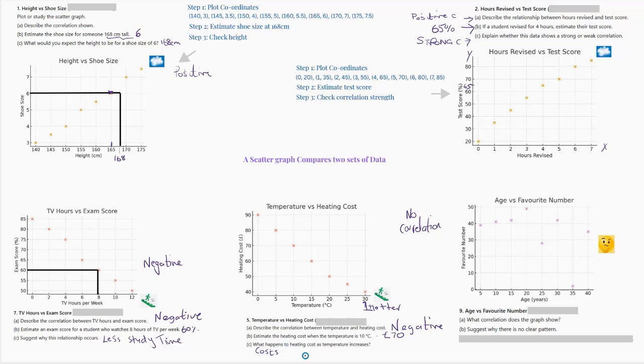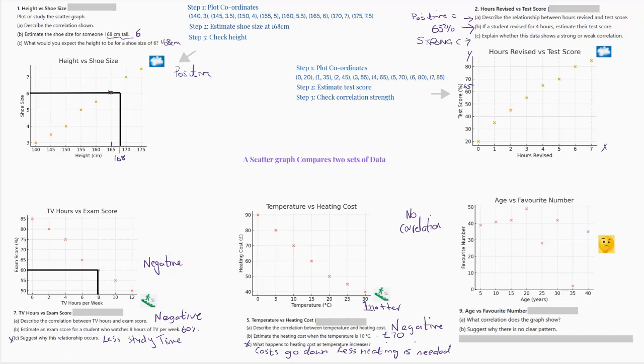You could write something like this: costs go down, less heating is needed. As you can see, they're very easy to read. As long as you get to understand, I'll probably say these ones, when you're actually having to look at the relationship between the two, would probably be a little bit trickier for you guys.